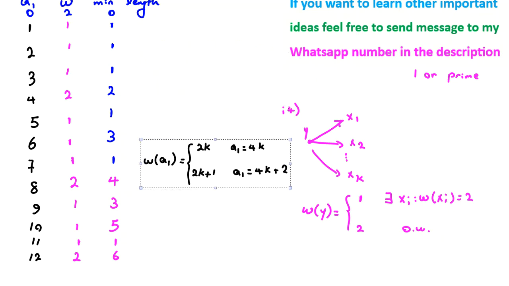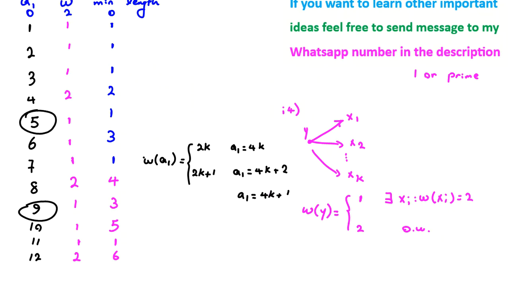It is what? When A1 is, for example, 4K plus 1, like 9, or like 5, we can prove by these things that we want to reach what, for example, when we are in 9, we should reach one multiple of 4, okay? This one. And we want to have minimum length.